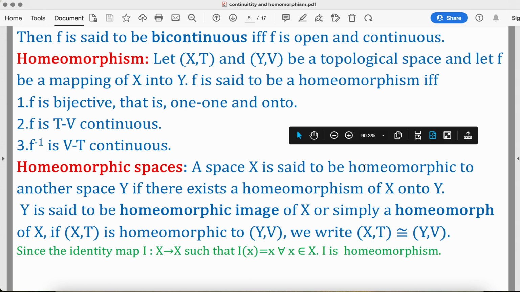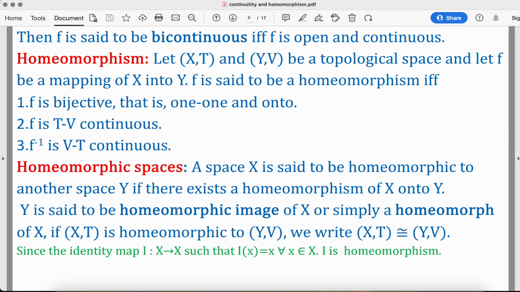A space X is said to be homeomorphic to another space Y if there exists a homeomorphism from X onto Y, and Y is said to be the homeomorphic image of X, or simply a homeomorph of X. We write (X, T) is homeomorphic to (Y, V).